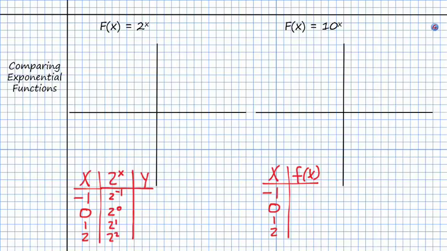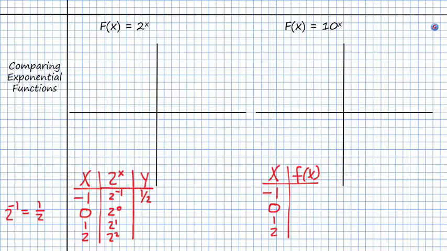And my outputs, or my y values here, are going to be, now we have this weird negative power, right? So really what we're saying is 2 to the -1 is going to be 1/2. So my output is going to be 1/2. So we see how that happened there. That negative flips, it gives me the reciprocal of my original number, and then we take the power of that.